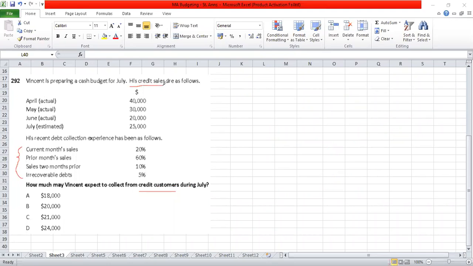So it says that his credit sales are as follows. April 40,000, May 30,000, June 20,000, July 25,000. What are the terms of credit? The terms of credit are current month sales 20%. He's collecting the amount, debt collection experience.